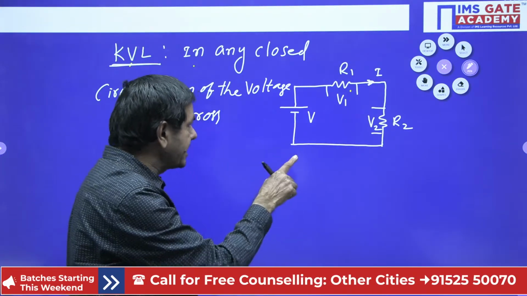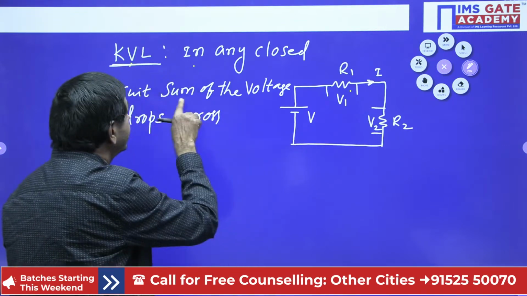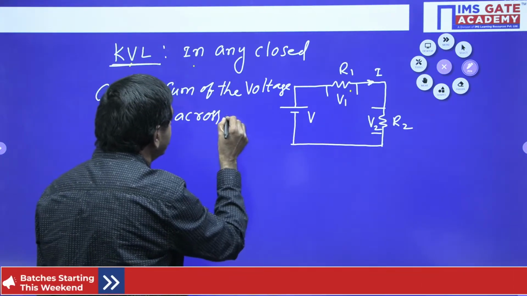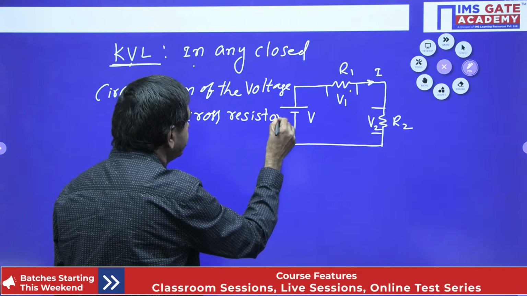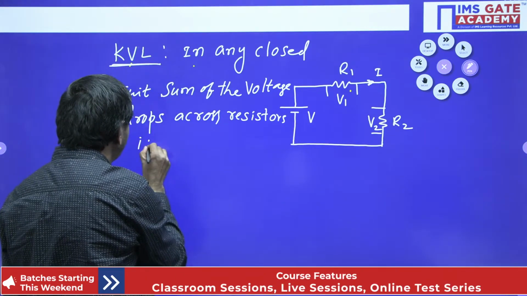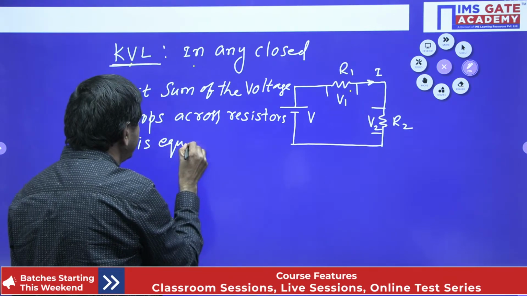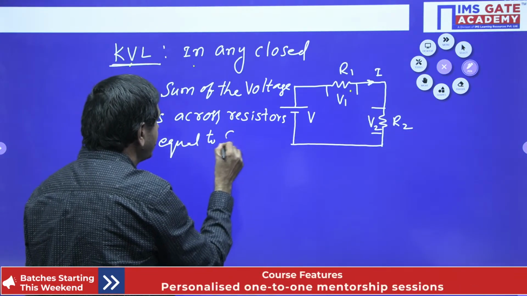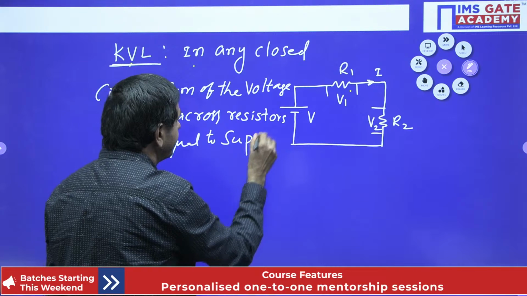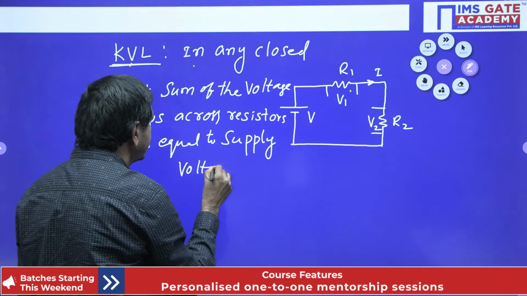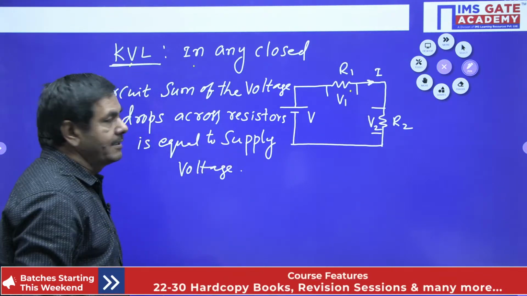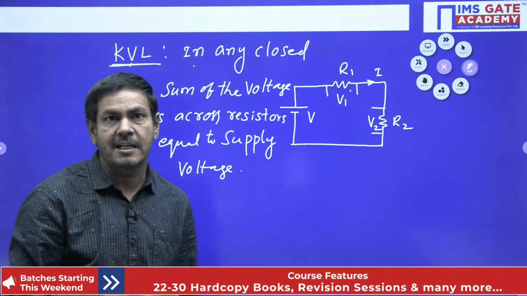Here I have taken resistors. That's why I want to define: the sum of the voltage drops across resistors is equal to the supply voltage only. This is KVL, Kirchhoff's voltage law, we can say now.